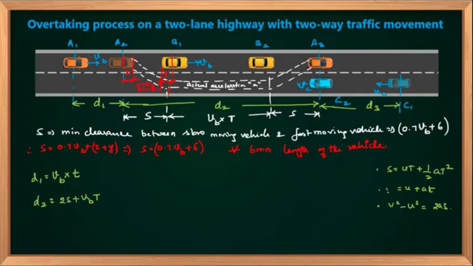That's why this is called distance. So this is equal to ut plus half at square. Therefore 2S plus VB capital T is equal to, what is the initial velocity u here? It is VB only. This VBT and this VBT get cancelled.